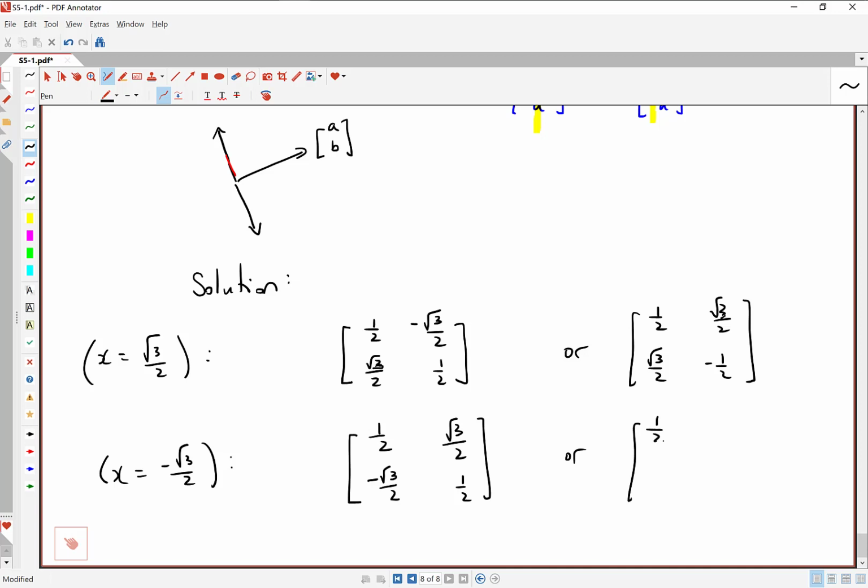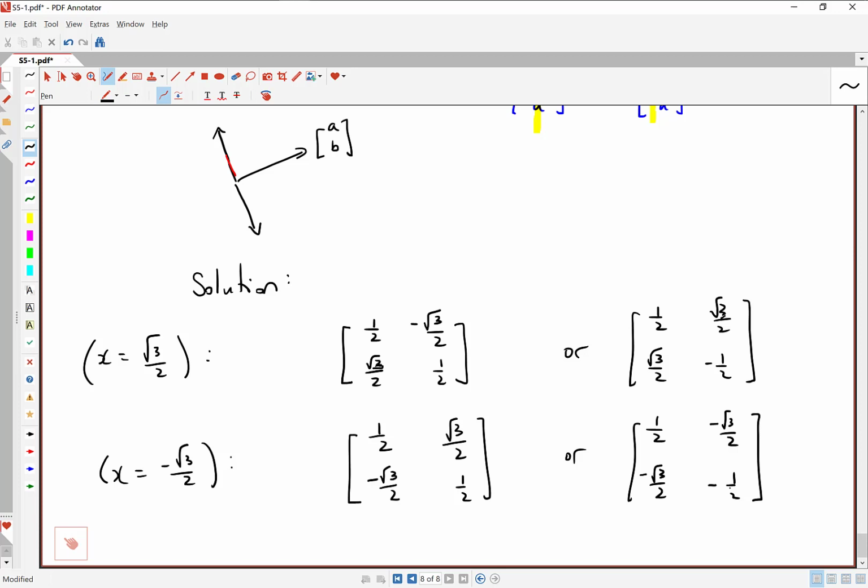Or, again, sticking with that first column being (1/2, negative root 3 over 2), swap the entries and change one of the signs. So let's now change the bottom sign. Okay, now we have another possibility. So these are the 4 possible ways of completing that matrix to create an orthogonal matrix.